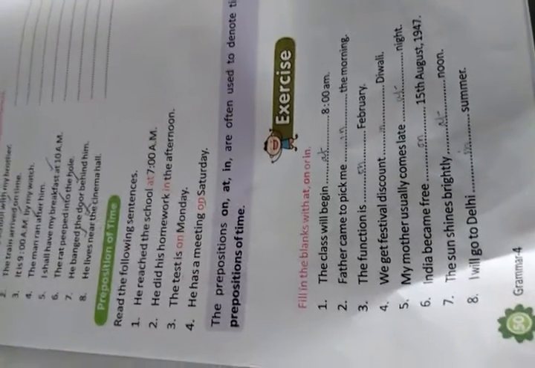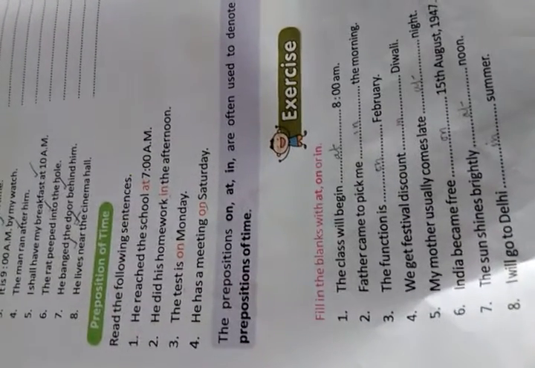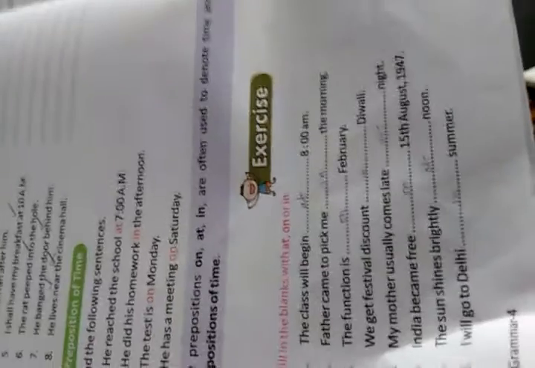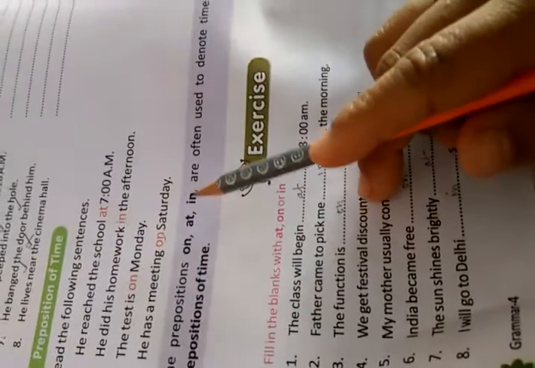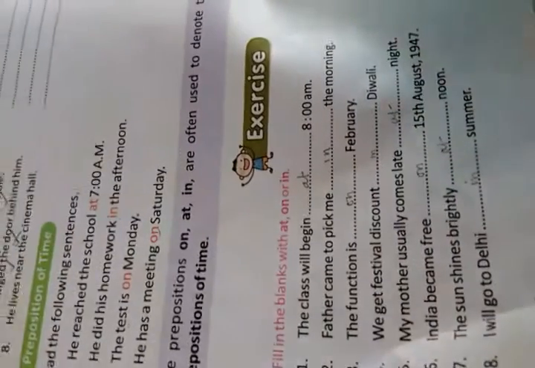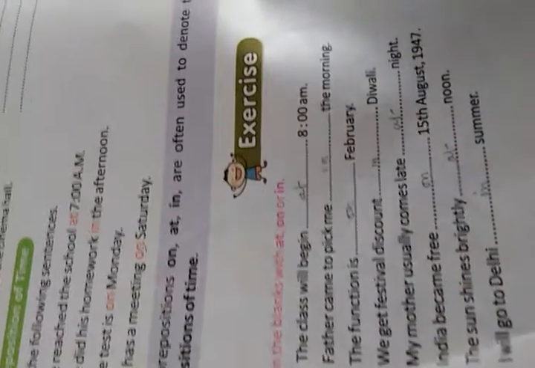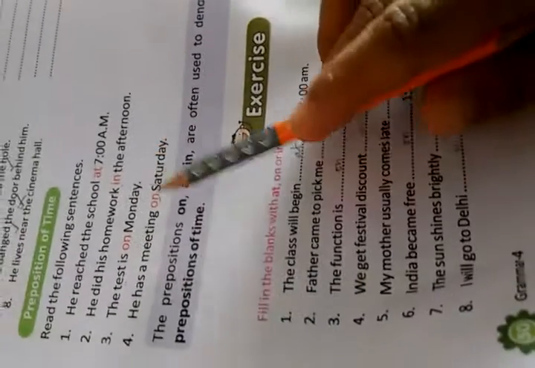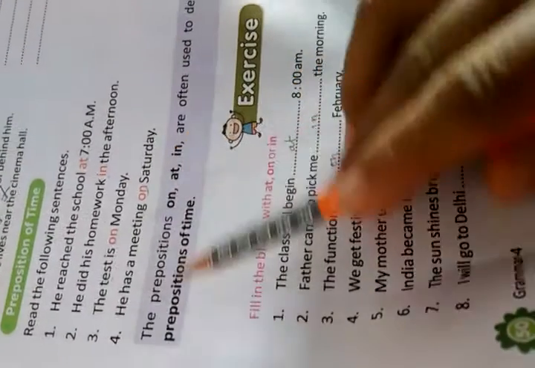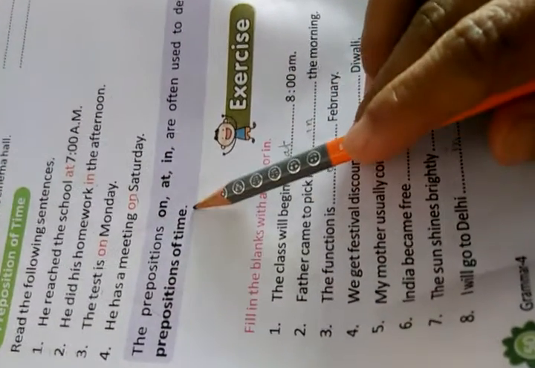So these all, on, at, in, are often used to denote time. So we call these prepositions on, at, in prepositions of time.